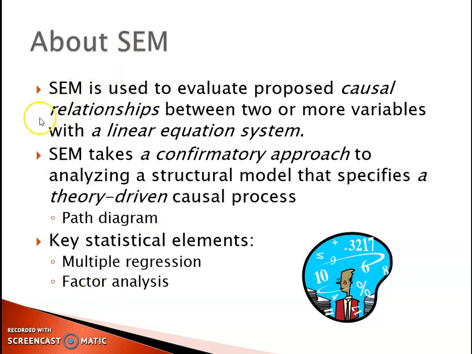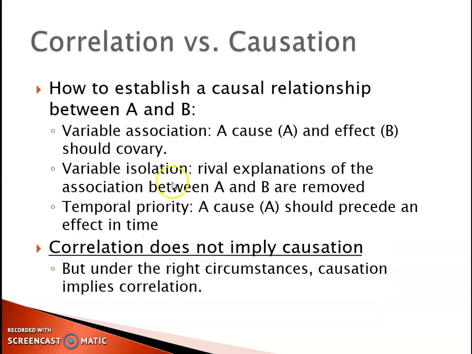SEM is used to evaluate causal relationships between two or more variables with a linear equation system. We all know that correlation does not imply causation. We have to establish a causal relationship by meeting at least three conditions.